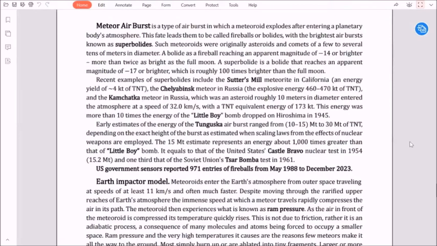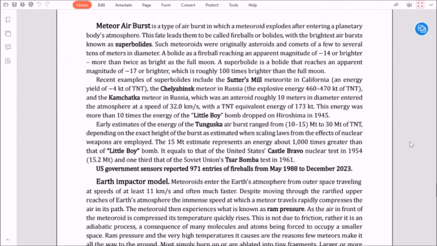Early estimates of the energy of the Tunguska airburst ranged from 10-15 megatons to 30 megatons of TNT, depending on the exact height of the burst as estimated when scaling laws from the effects of nuclear weapons are employed.